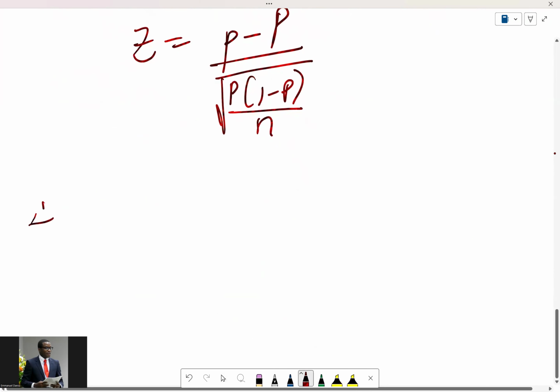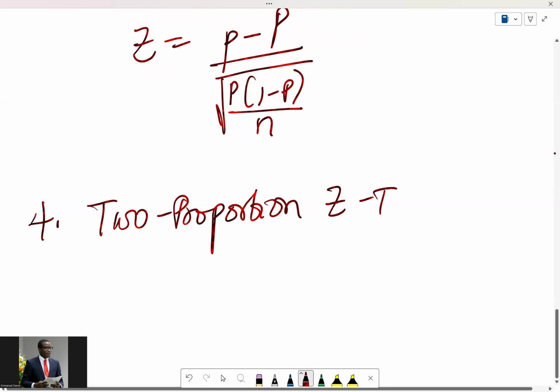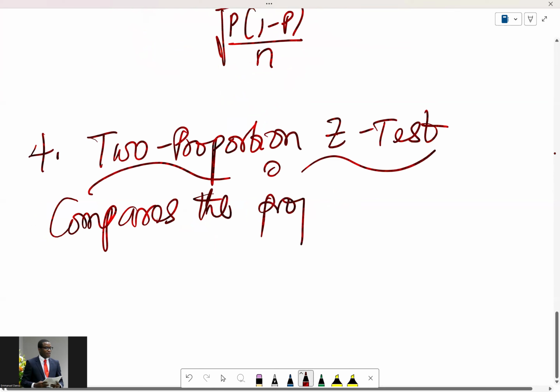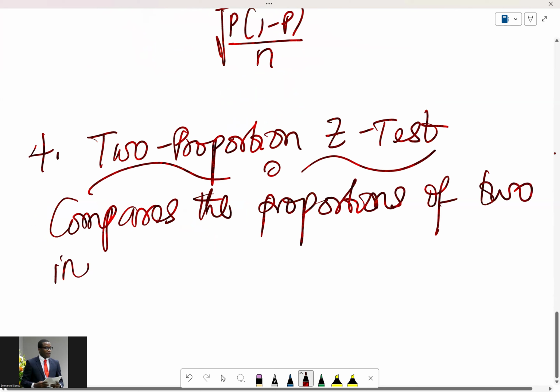Then we can also have two proportion Z test. So here we are considering proportions for two samples. This compares the proportions of two independent samples.